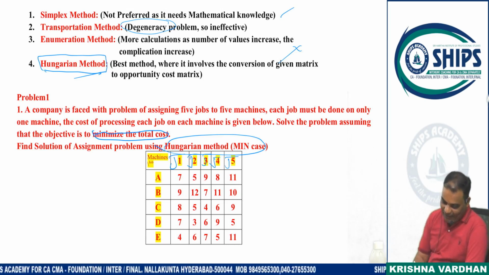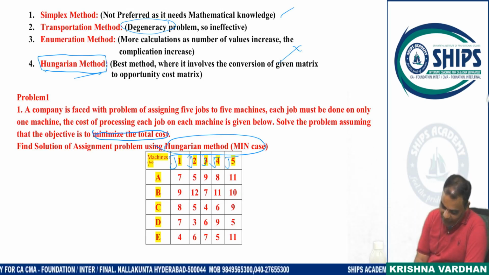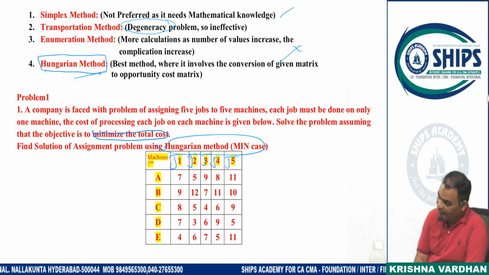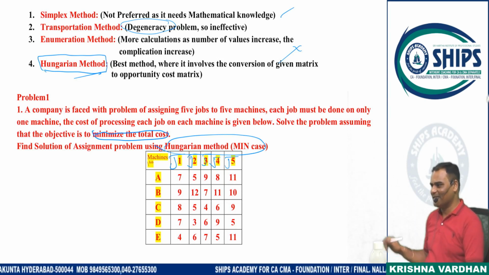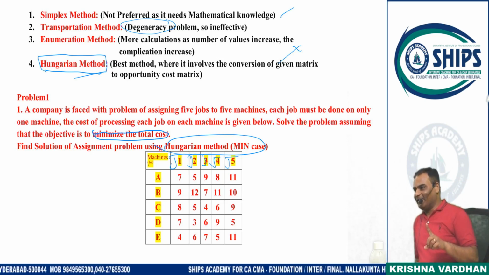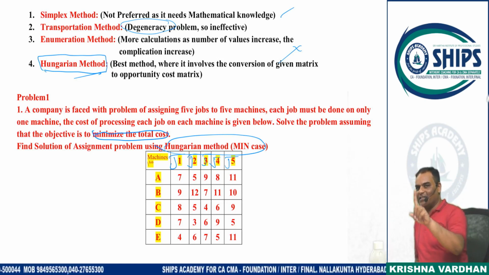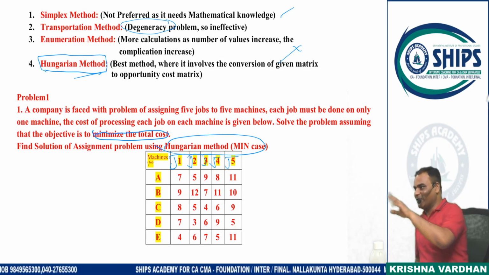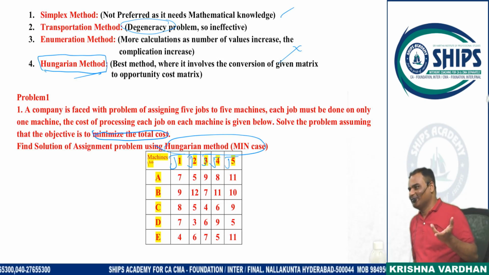If I do job 1 on machine A, it takes 7 minutes. J2 on A will take 5 minutes. Like that, the complete matrix is given. You need to assign 1 machine to 1 job, or 1 job to 1 machine. That's it.